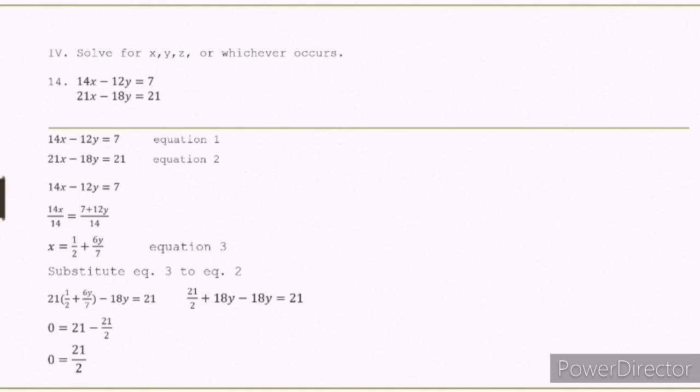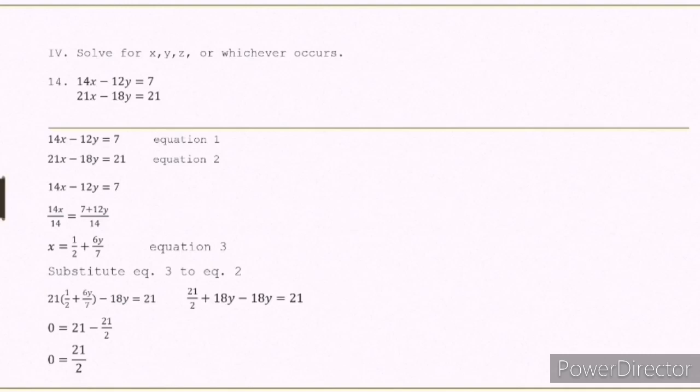So this is equation 3. Now, to substitute equation 3 to equation 2: 21 times 1/2 plus 6y over 7 minus 18y equals 21.